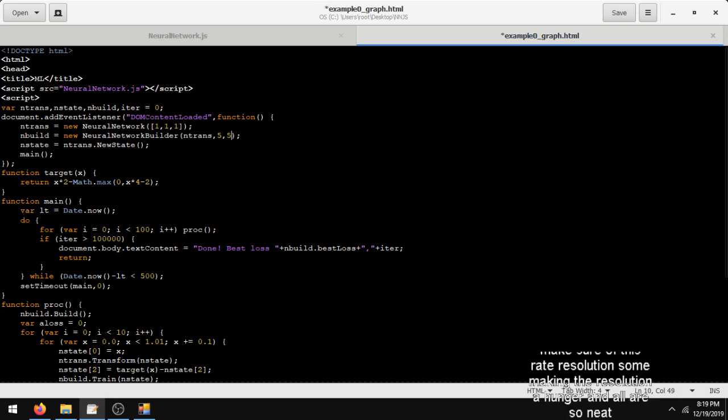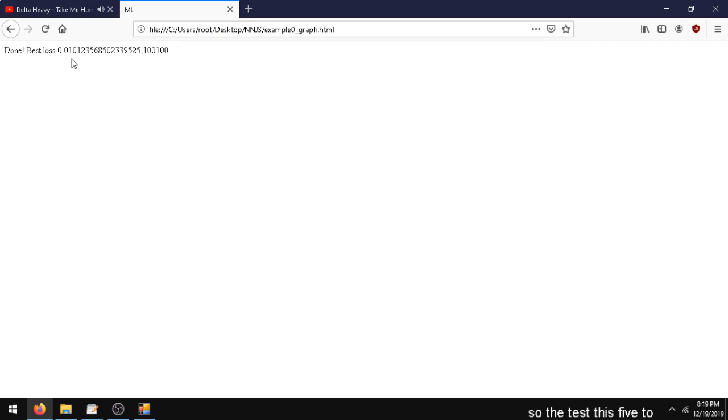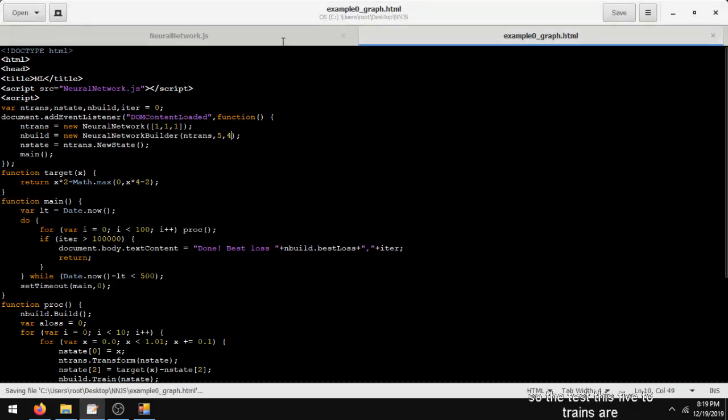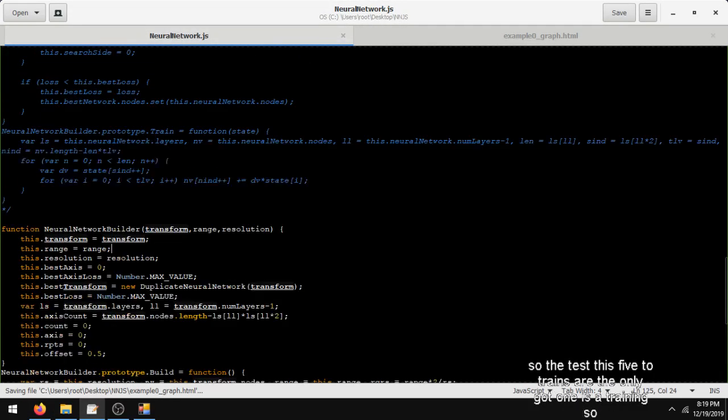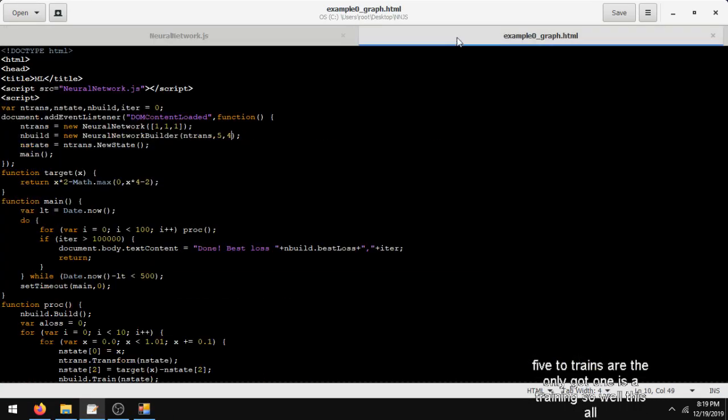So let me test this. 5, 2 trains it really well. Oh my god, why is it training so well? This offset, point sampling offset, must be pretty good.